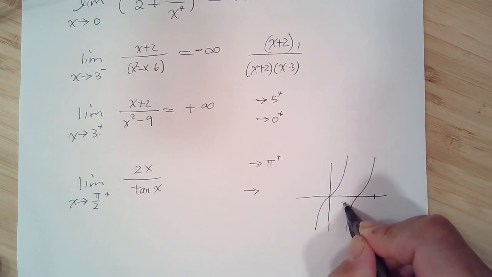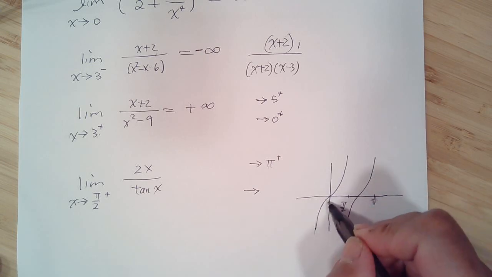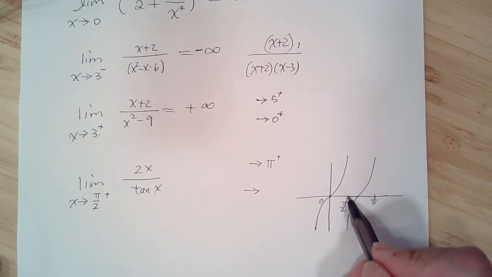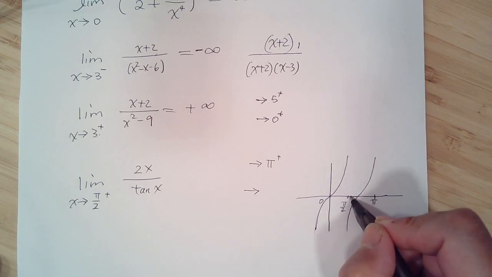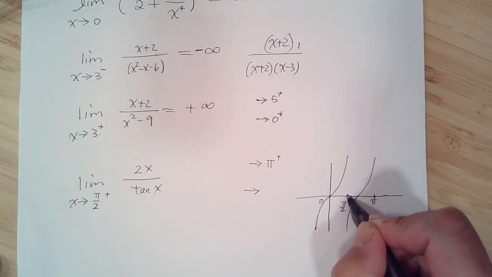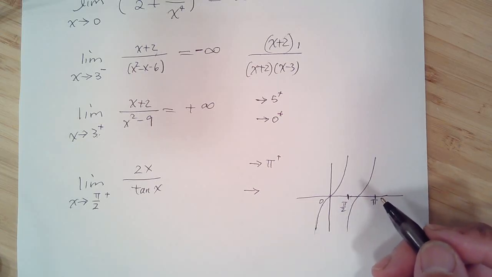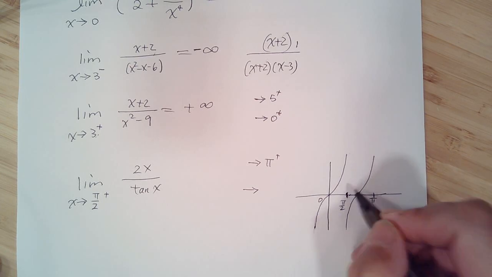Okay, here's pi over 2, and here's pi. That's 0. This is the tangent curve. When x approaches pi over 2 from the right side, the tangent is almost like... oh, sorry.